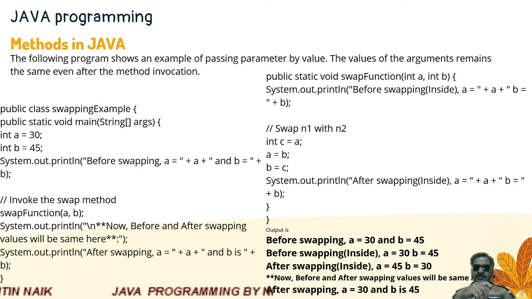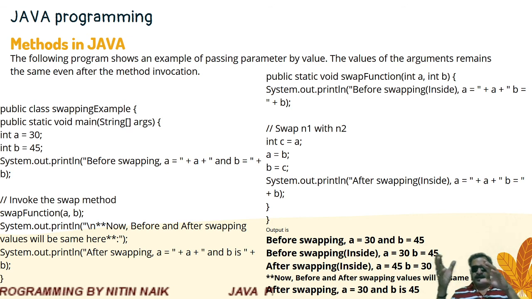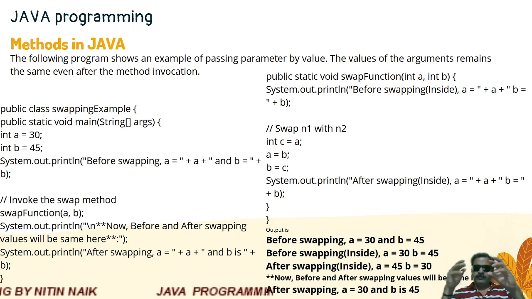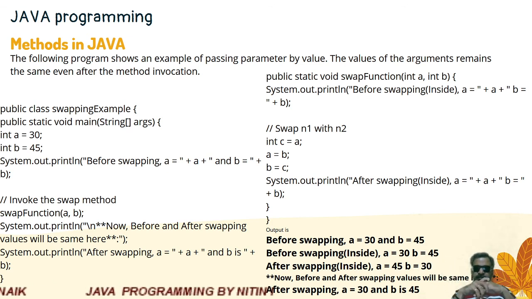So here c is declared as a temporary variable. Initially the value of a is assigned to c, then the value of b is assigned to a, and then the value of c, which contains the value of a, is now assigned to b. Like this, values are swapped. So System.out.println, after swapping the values are like this.